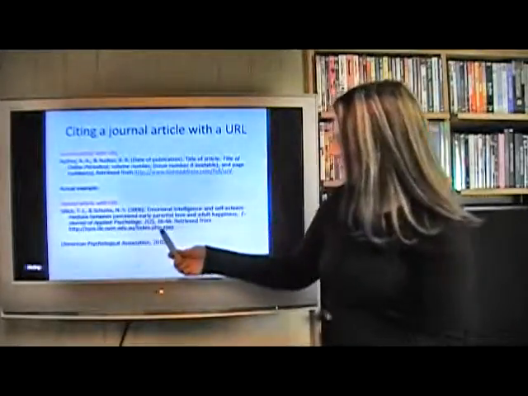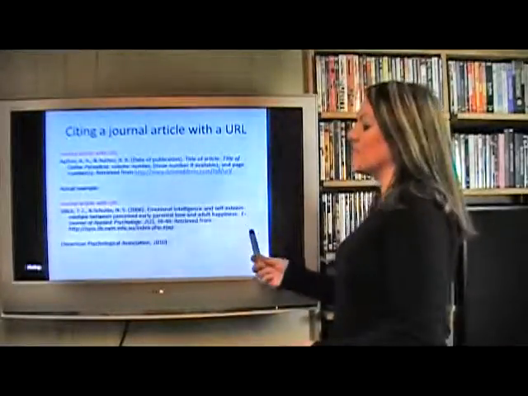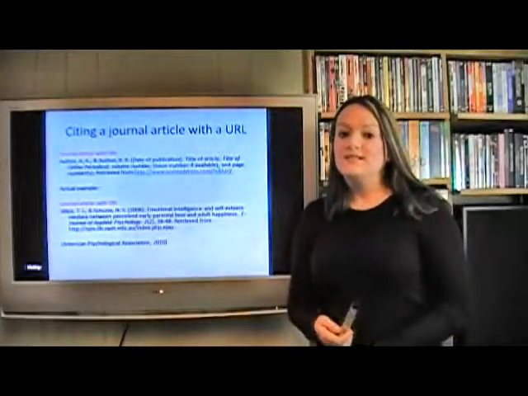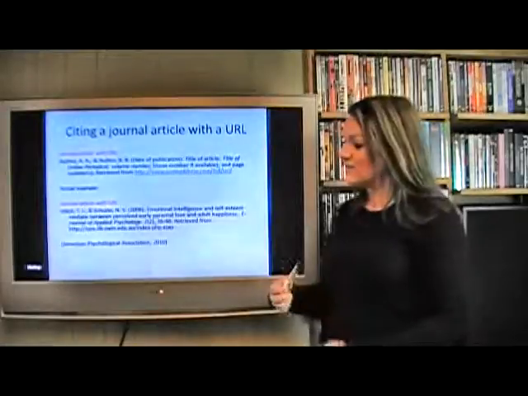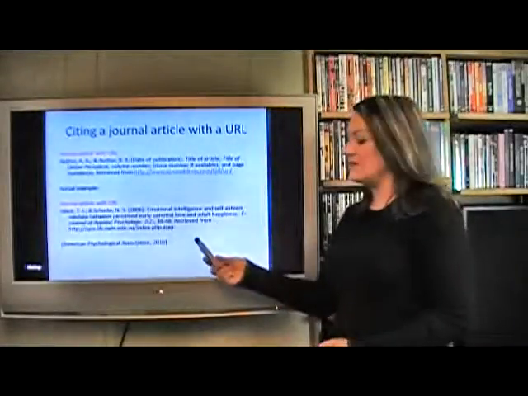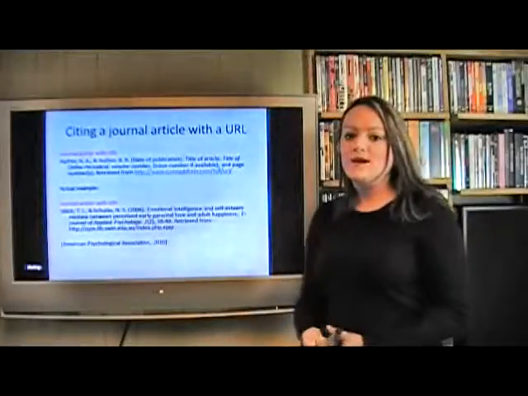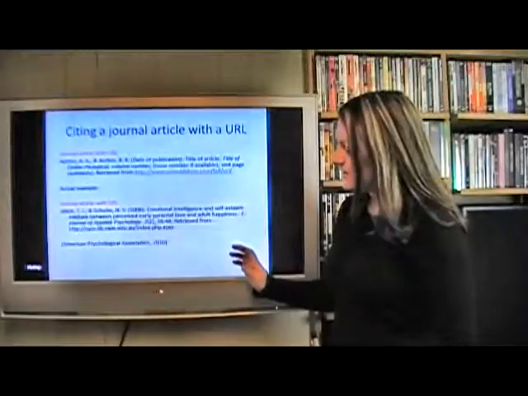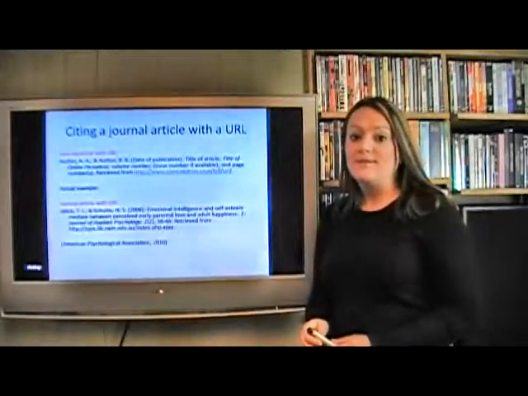The website is listed right there. Notice that we don't have retrieved on what date from, because that's the difference. The new guidelines, the APA 6th edition manual, one of the changes is that you do not include the date when you're listing the URL. Because the date's right here now. We've moved to a situation where the date is listed after the author's name.